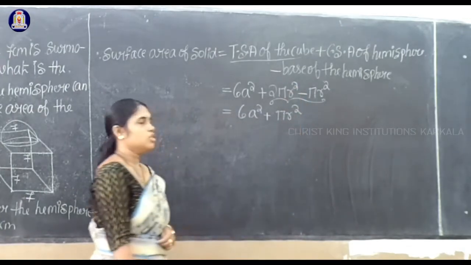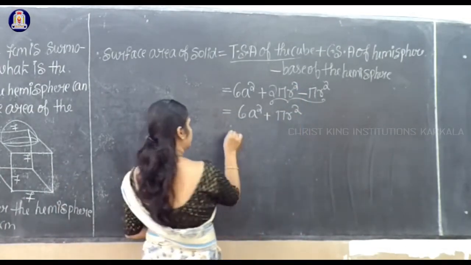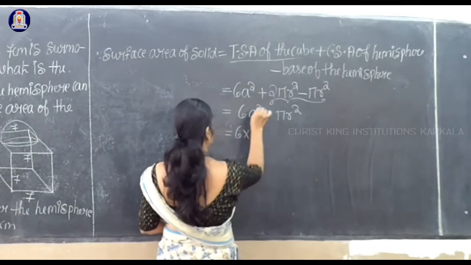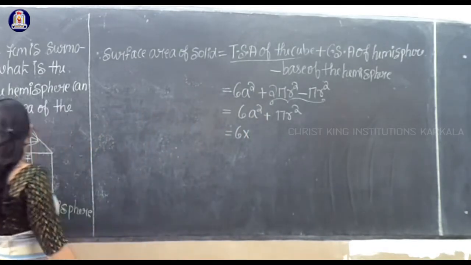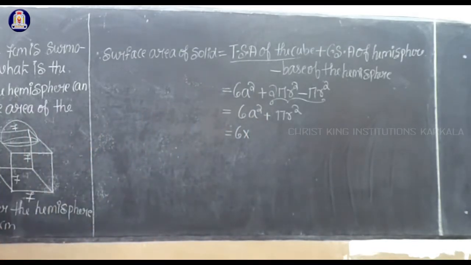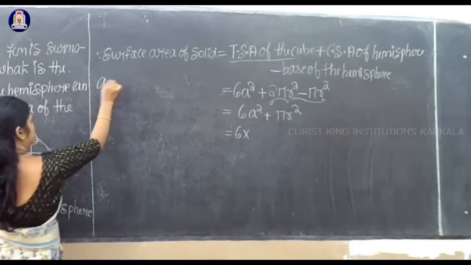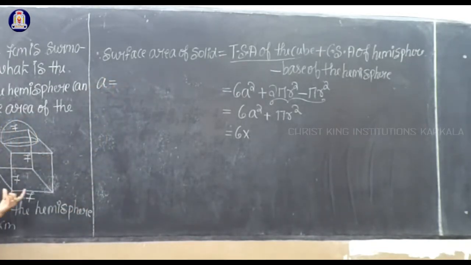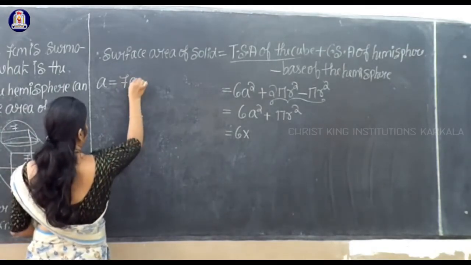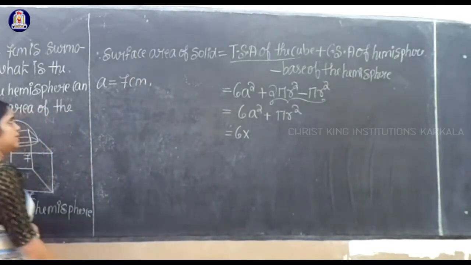Now we will substitute the value into a square. What is the value of a here? a is nothing but the edge, the length of the side of the cube, which is 7 centimeter.